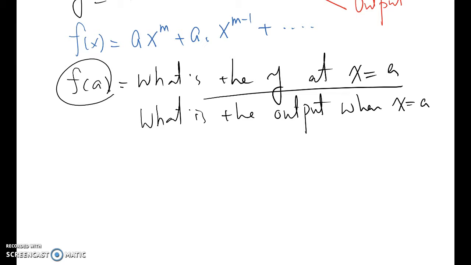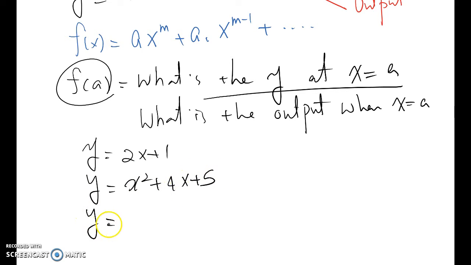Another reason to use functional notation is that we can distinguish many different functions using different functional notation. If all the functions are written as y, like y equals 2x plus 1, y equals x squared plus 4x plus 5, and y equals 3x cubed plus 2x minus 1, then all these functions are defined as y. So if I ask you, okay, look at the y, you may wonder which one, right?